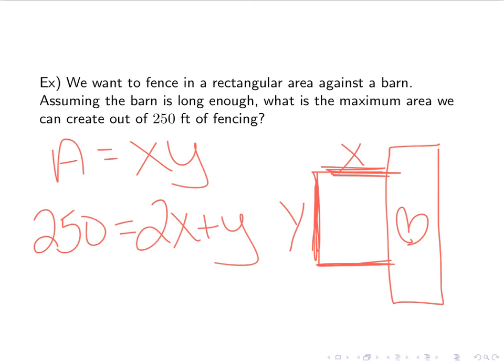But remember, a rectangle has 4 sides. This, I don't need the 4th side because the barn is part of it. So this only has 3 sides because of that barn. But in general, remember the perimeter of a rectangle has 4 sides, 2 x's and 2 y's. So please don't get this confused with the perimeter around an object.